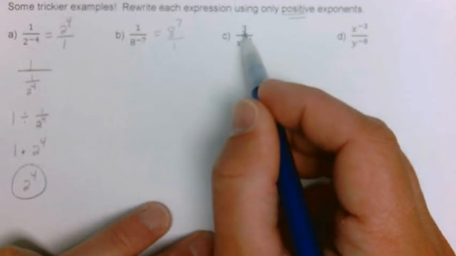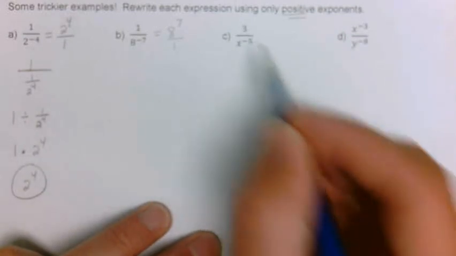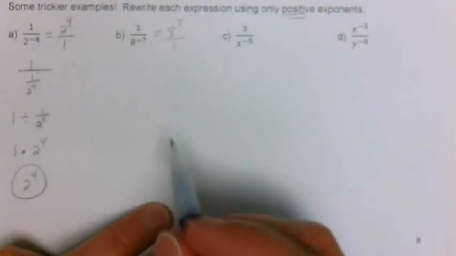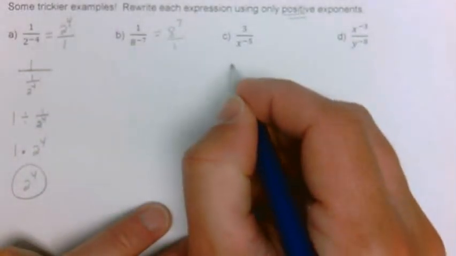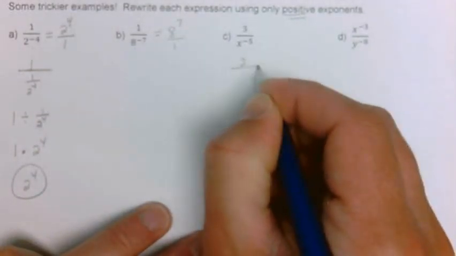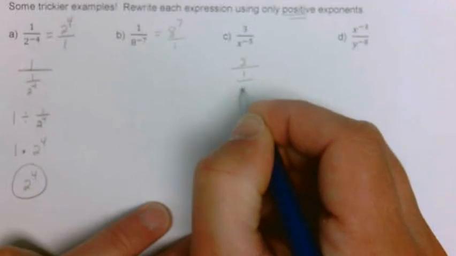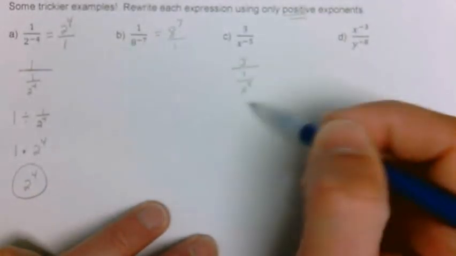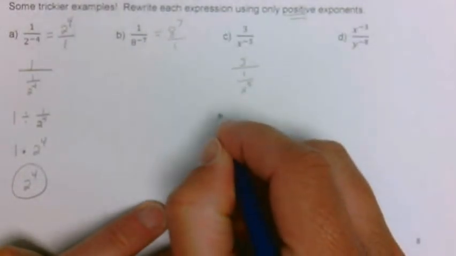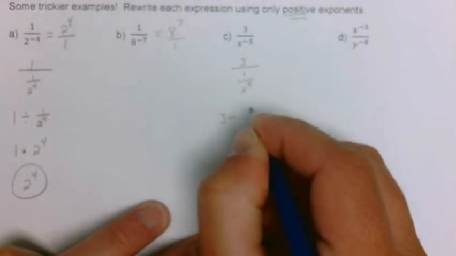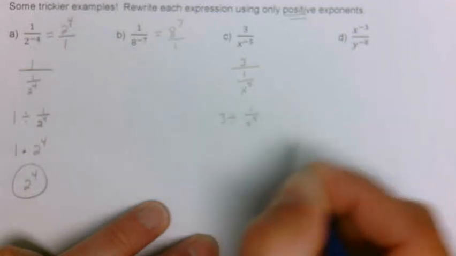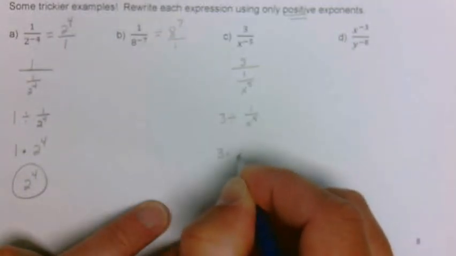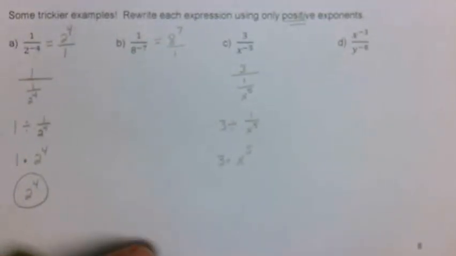All right, 3 divided by x to the negative fifth power. Similarly, this is going to be 3 over 1 over x to the fifth power. But when we evaluate this complex fraction, 3 divided by 1 over x to the fifth is the same as 3 times x to the fifth power.